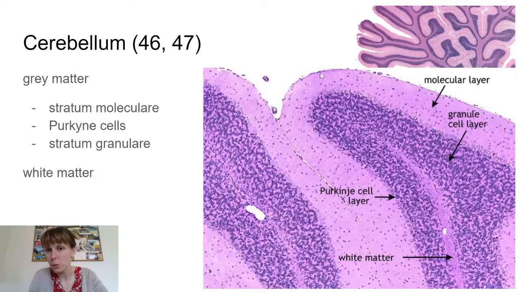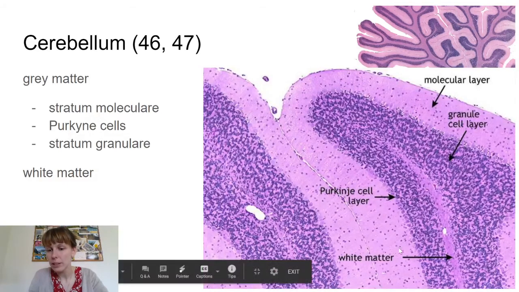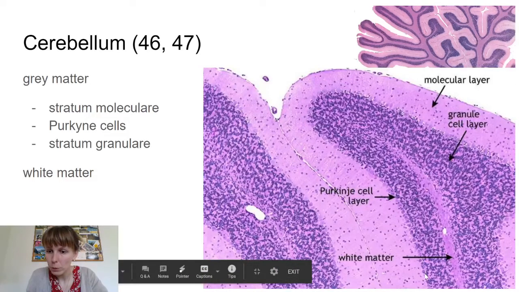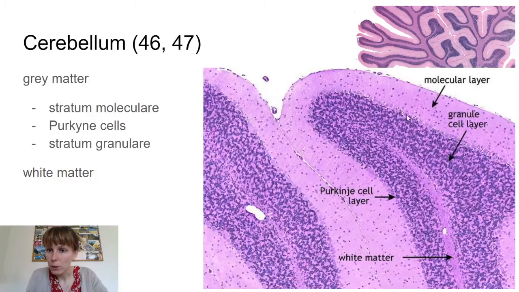So it's not so many cell bodies, so it's kind of light pink. Then you have a layer of these huge neurons sitting in a row. So those are the Purkinje cells, and they are the major projection neurons of the cerebellum. So they are the cells that will be forming the final output of the cortex.